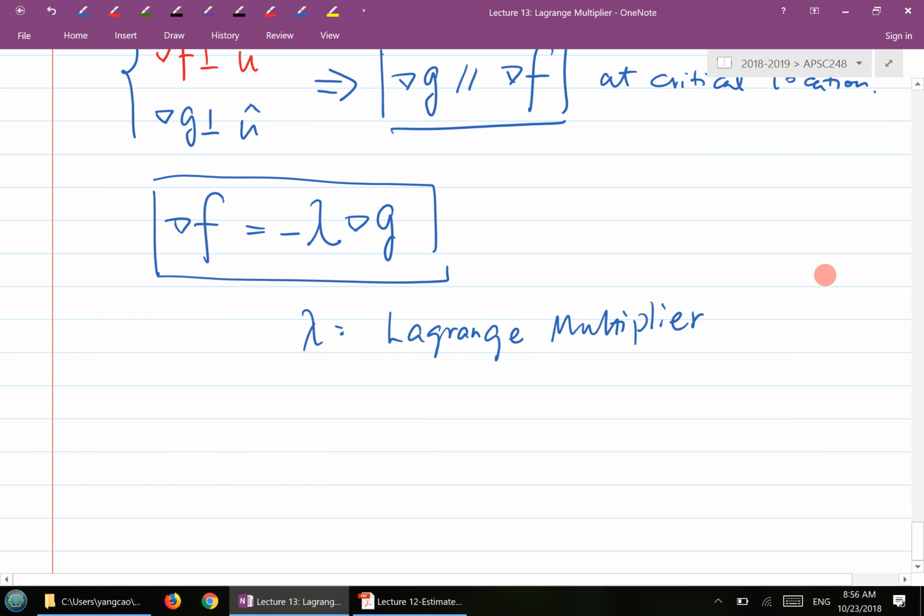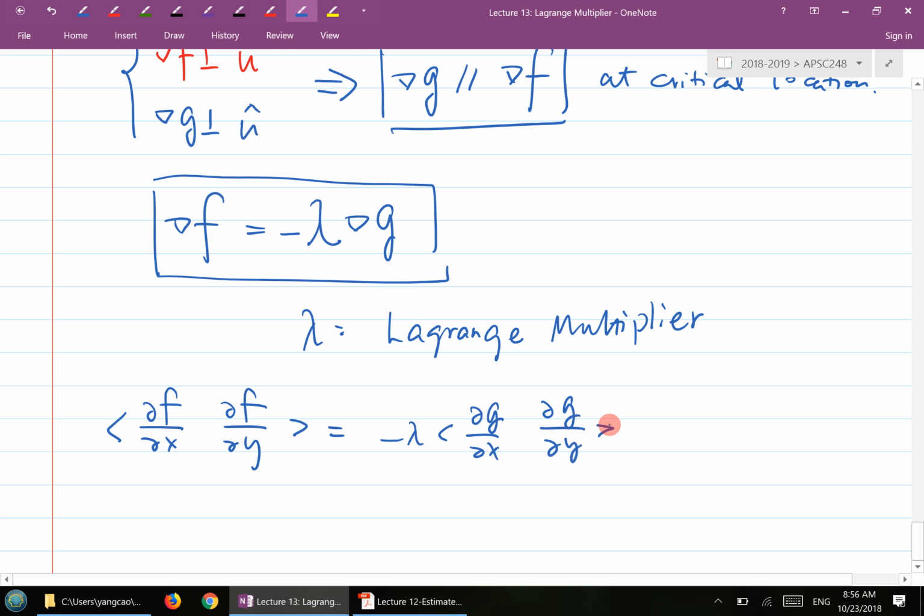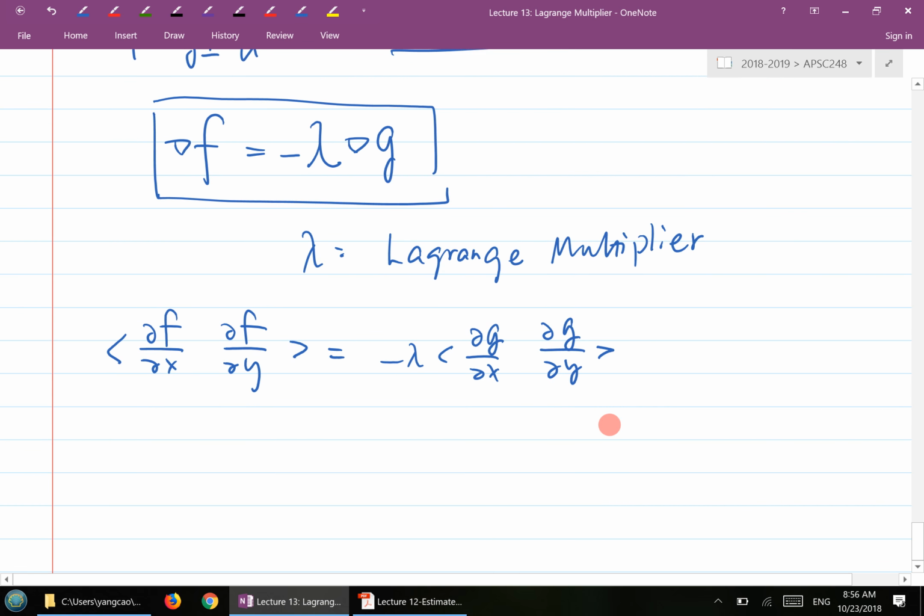So we solve this constraint problem based on this relationship. Let's start from here. So what is del f then? It's partial f partial x, partial f partial y, right? And what's the del g? It's partial g over partial x, partial g over partial y. So to write it out, you get this expression here. The left equal to the right, meaning the components of the vector have to be the same.